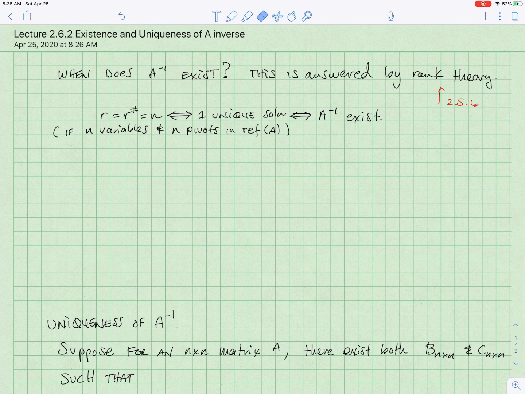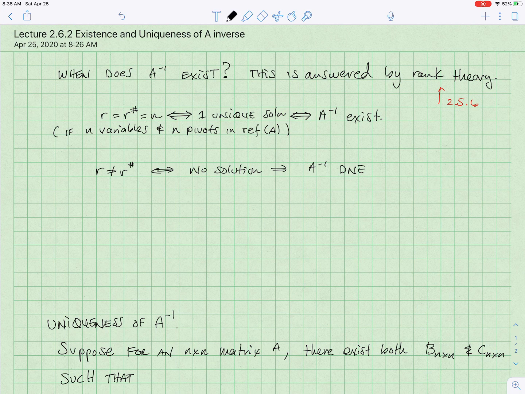Now, if R does not equal R pound, if the rank of A does not equal the rank of A augmented, then there is no solution. And if there's no solution, then A inverse does not exist.